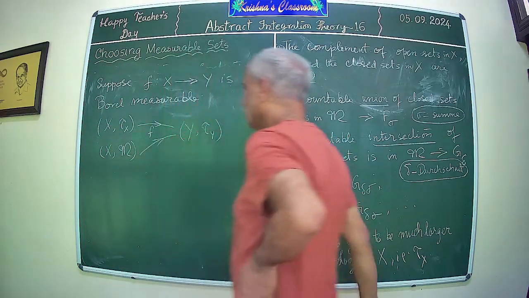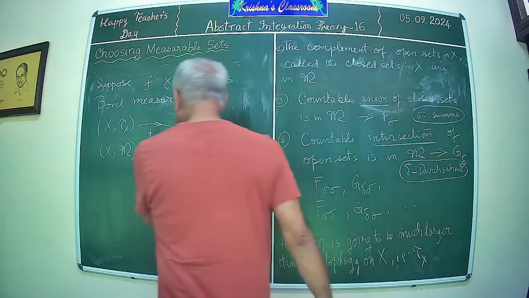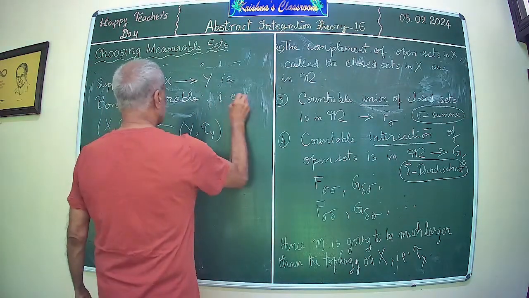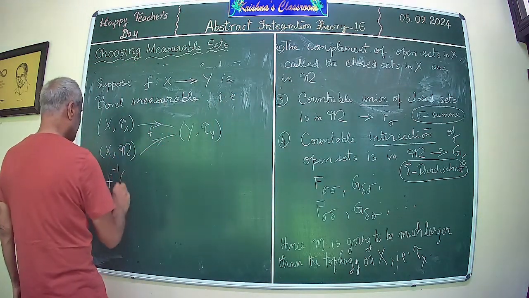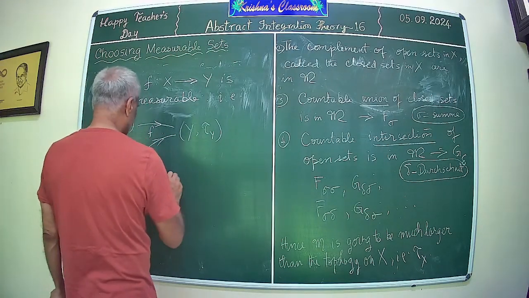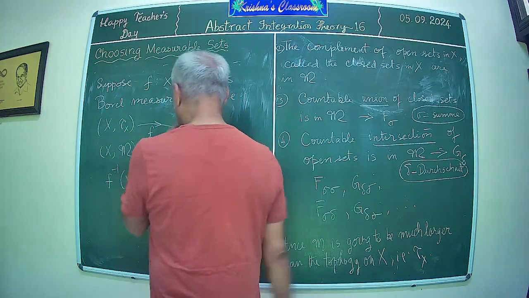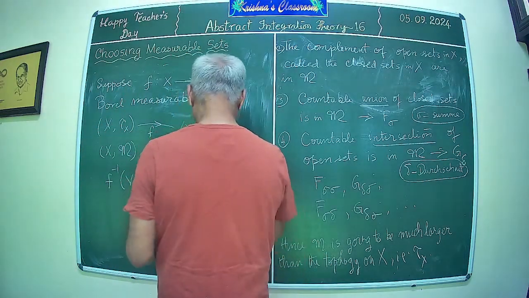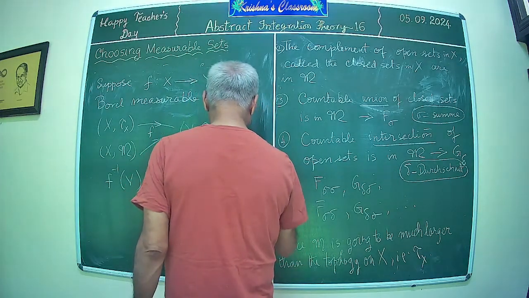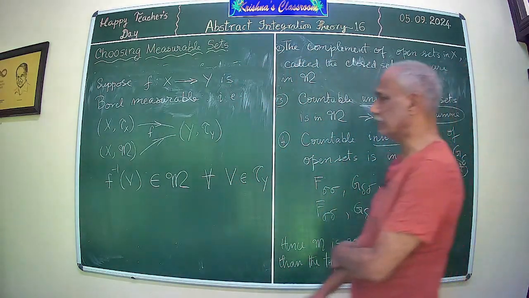What do you mean by Borel measurable? That is F inverse of V is an element of M for every V belonging to tau Y. This is the condition.